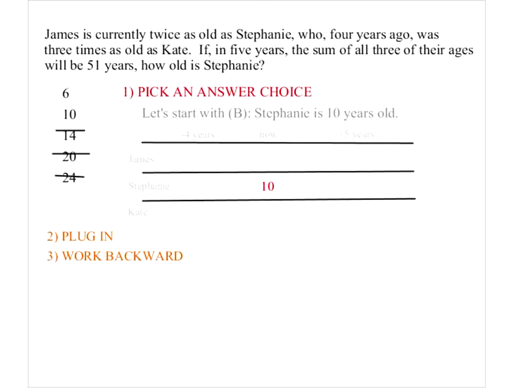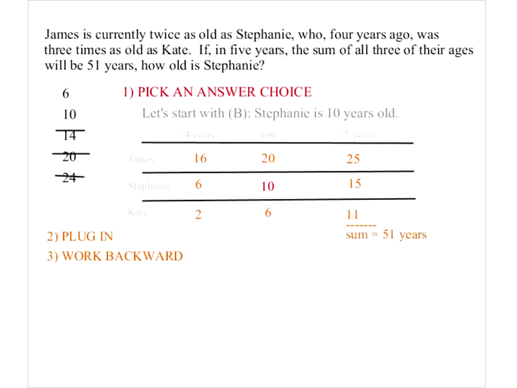So Stephanie is 10, James is twice as old, that's 20. You can fill in the rest of these: 4 years younger, 5 years older. And then 4 years ago, Stephanie was 3 times as old as Kate, so Kate would have been 2. And then we can add 4 years to figure out how old she is now, and add 5 more years to figure it out.